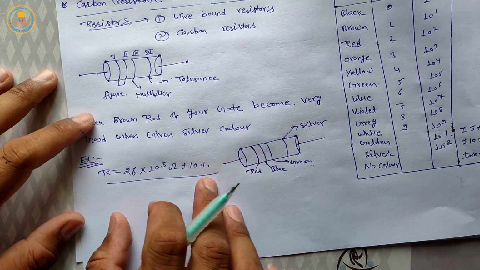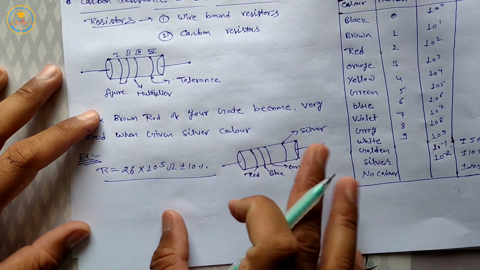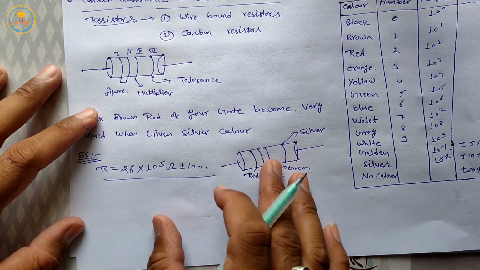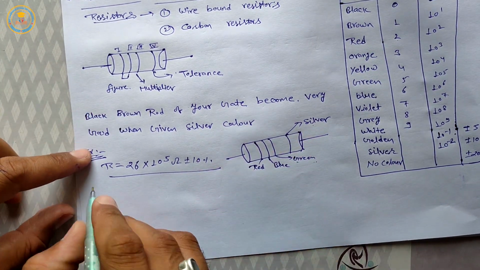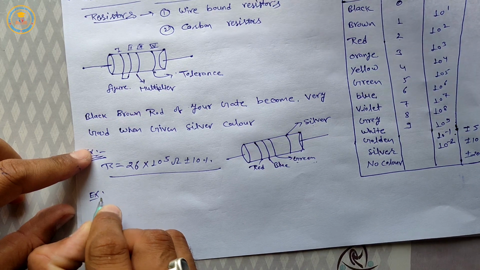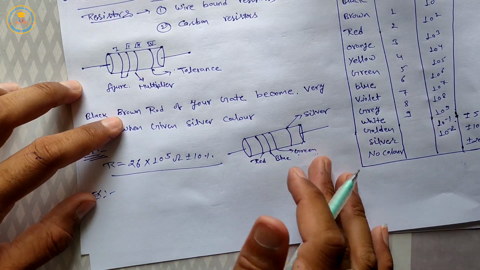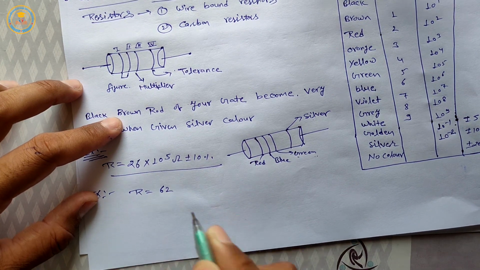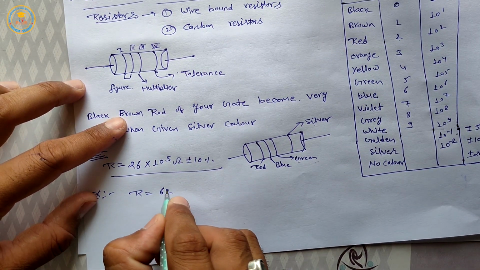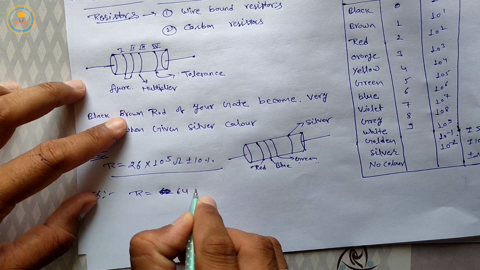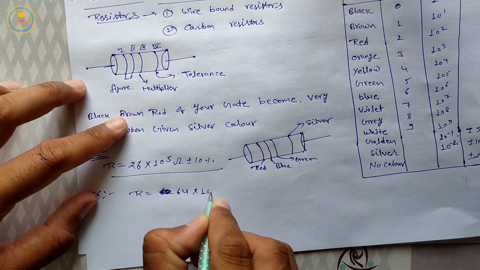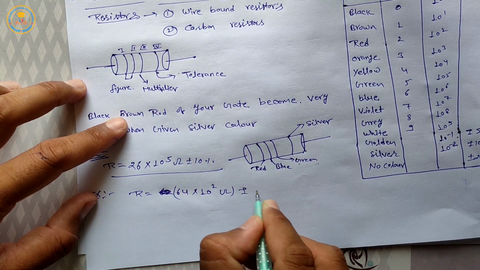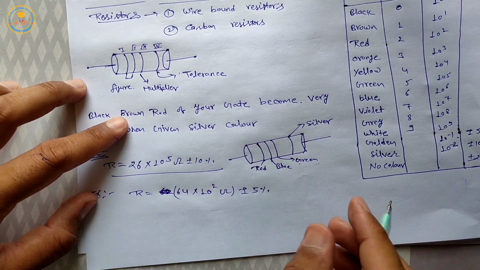This is the resistance of this resistor. Okay, so such types of questions are asked in the annual examination. This is very important. So, another example: the value of a carbon resistor is given as R equals 64 multiplied by 10 to the power 2 ohm and tolerance plus minus 5%.